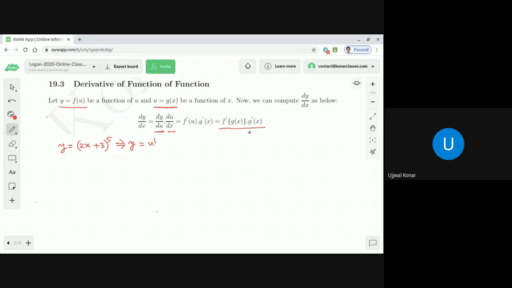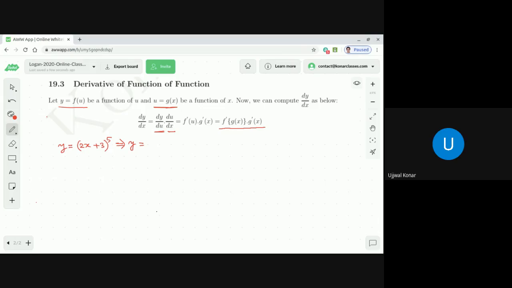Let me give an example that will be much more clear. As you see in the example, y is equal to (2x plus 3) power 5, and we need to find the differentiation of that y with respect to x. But what I was telling in the previous class, based on all the formulas you have learned so far, directly you cannot find the value of dy/dx when I give y equal to (2x plus 3) power 5, isn't it?